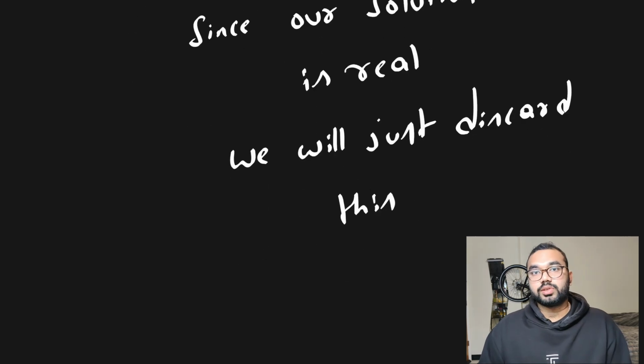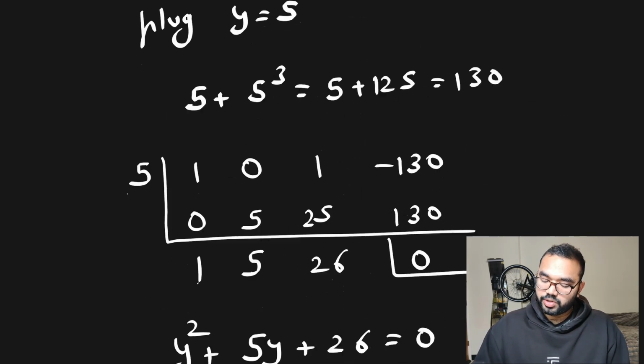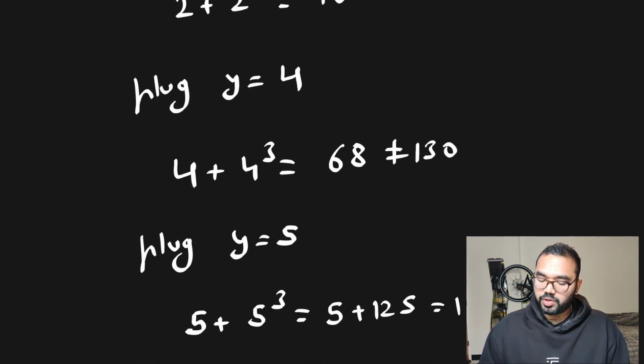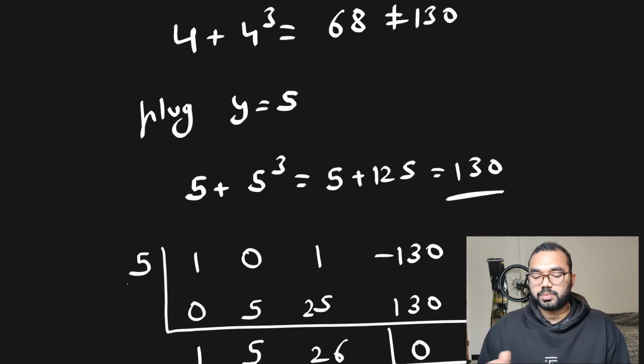So the only solution that we get for y is 5 from our plug and chug method. So y is 5, 5 plus 5 cubed, 5 plus 125 is 130. So that is the only value feasible for the solution. So y is 5.